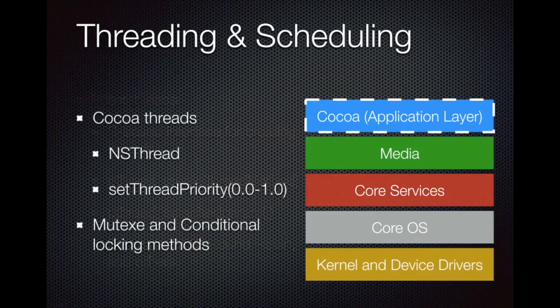Then we have Cocoa threads. Cocoa threads are basically NSThread set. They allow you to set their priority from 0 to 1, with 1 being the highest. Cocoa threads are proprietary to Apple. They were developed as their early implementation of threading. And both Cocoa threads and POSIX threading use mutexing and conditional locking methods.